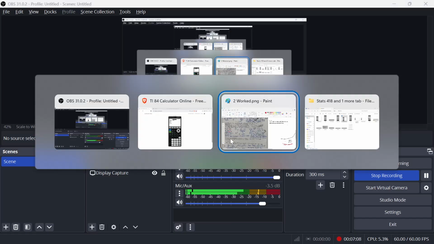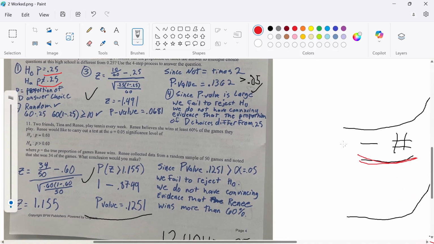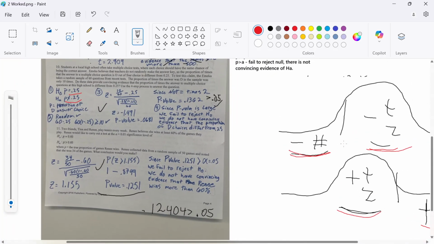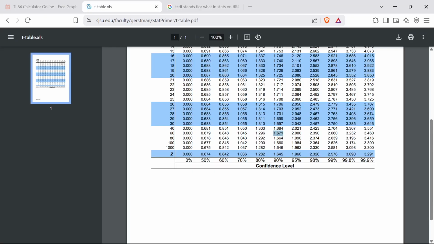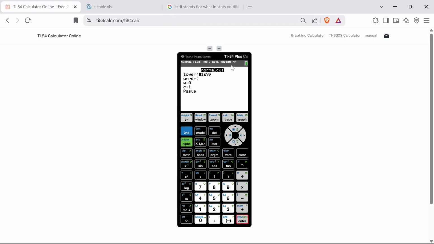And now, check out this one. My z-value is negative. So when it's a negative z-value, I'm going to put a very large negative number first, and then the negative z-value second. Yeah, the upper bound is the negative z-value. The lower bound is a very large negative number.